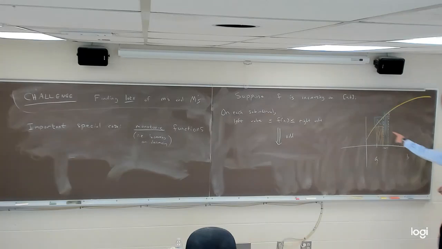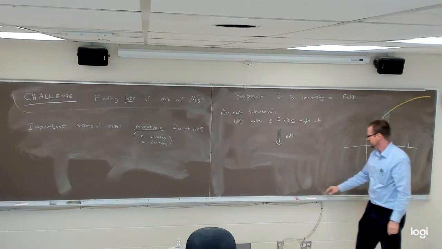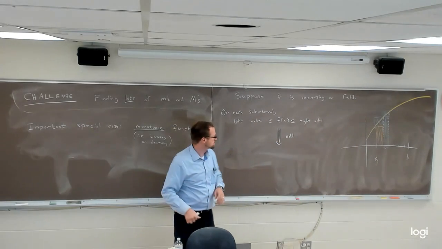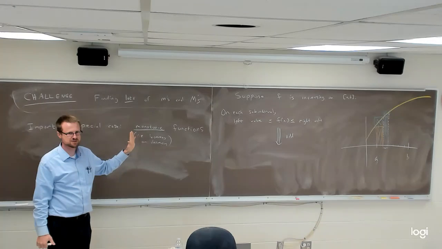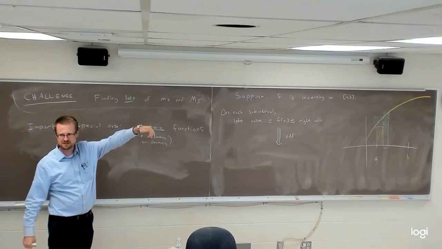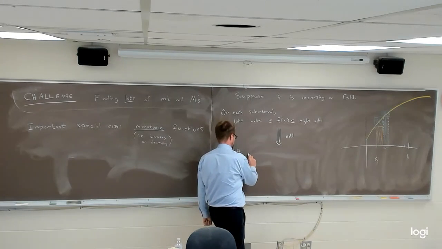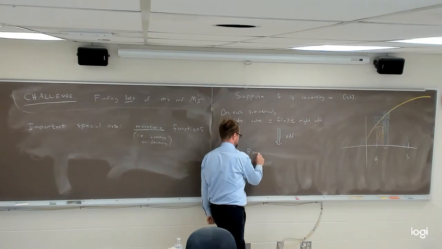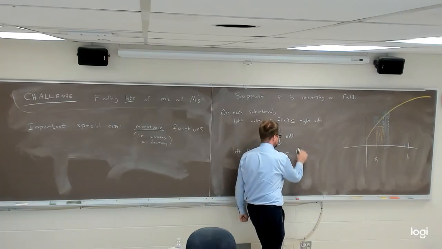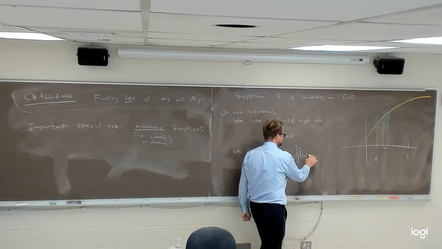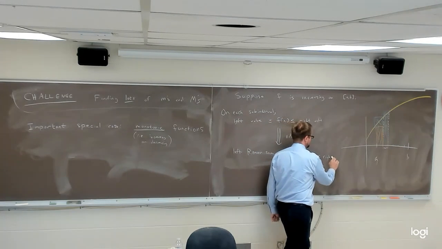Well, these are just left and right endpoint Riemann sums that I'm building. So if I have an increasing function, the left endpoint Riemann sum is always smaller than the true value, and the right endpoint Riemann sum is always bigger. So the left Riemann sum is less than or equal to the integral, and that's less than or equal to the right Riemann sum.